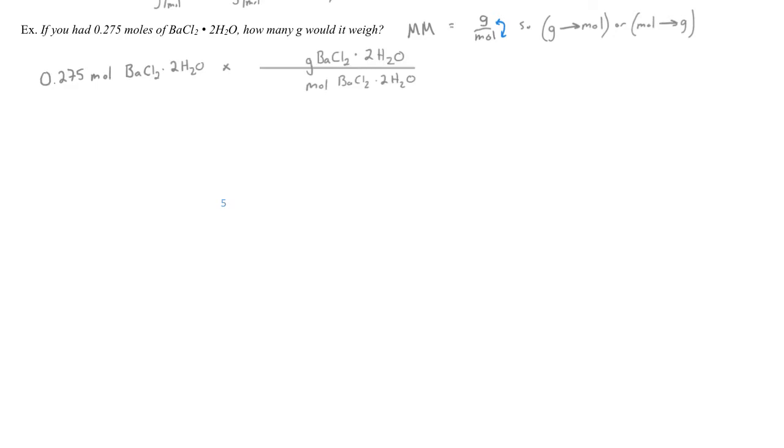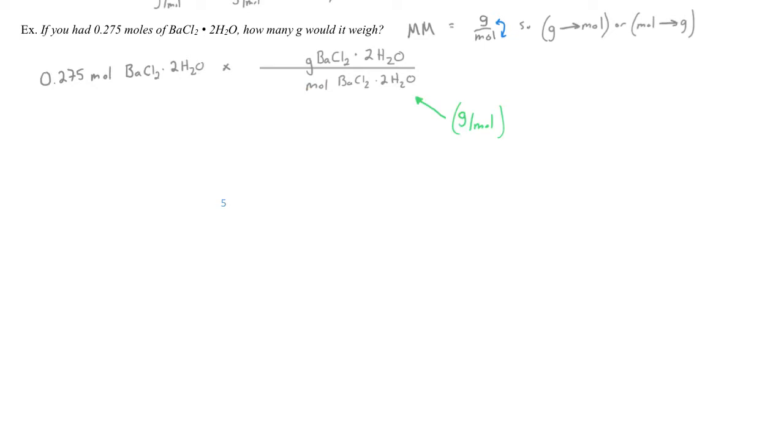We're going to start here with our moles of barium chloride dihydrate, which is 0.275, and then we're going to multiply it by the conversion factor that will transform moles into grams. So this conversion factor needs to have grams in the top position and moles in the bottom position.